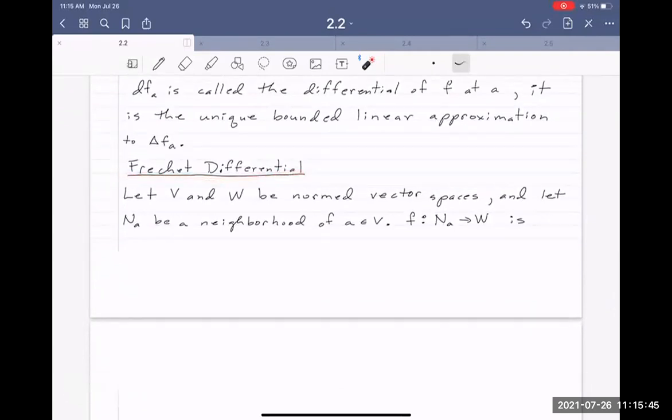The Fréchet differential. Let V and W be normed vector spaces.